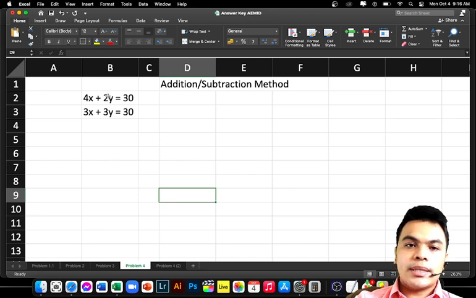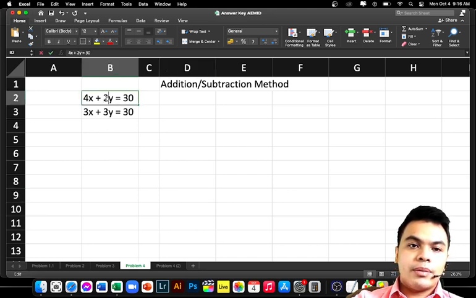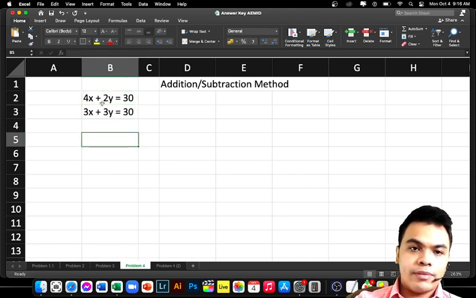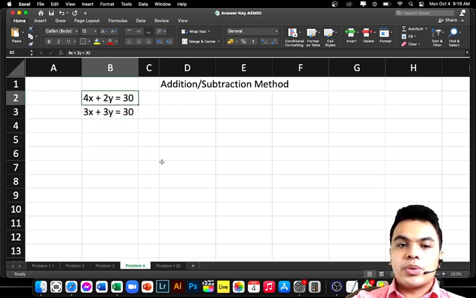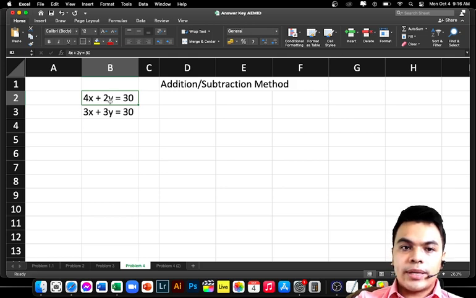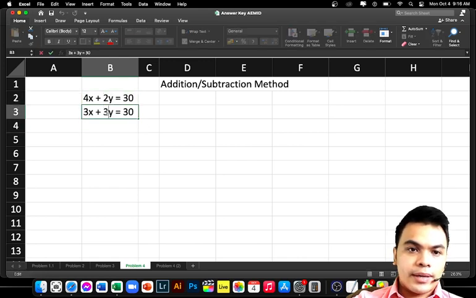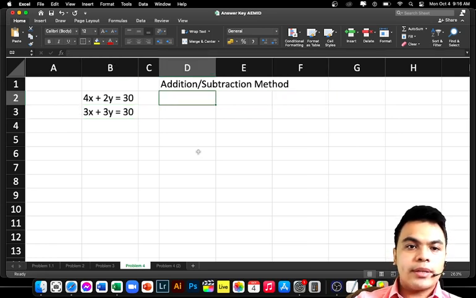Let's say we try to eliminate y. We will multiply it by what, so that the value of y in the first and second equations is the same? Let's make it 6. So how can we make that 3?